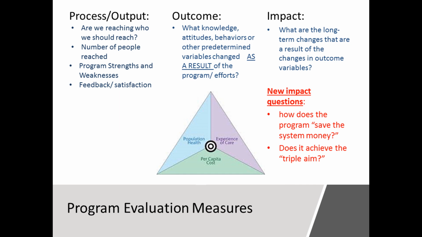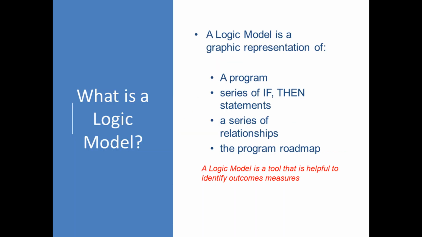A lot of programs now are designed to actually reduce utilization or to save costs somewhere, improve quality of life. Is it doing that? So we want to make sure that we have some type of measures in our programs that give us data about those things. And we'll talk about how to do that as we move on.